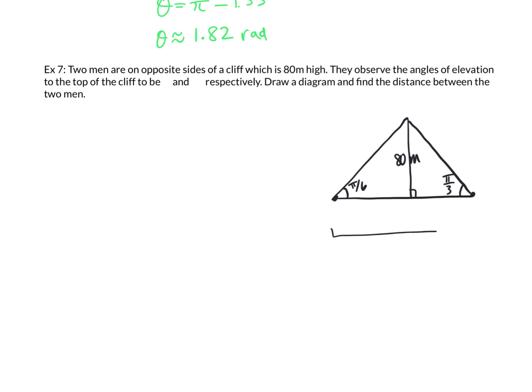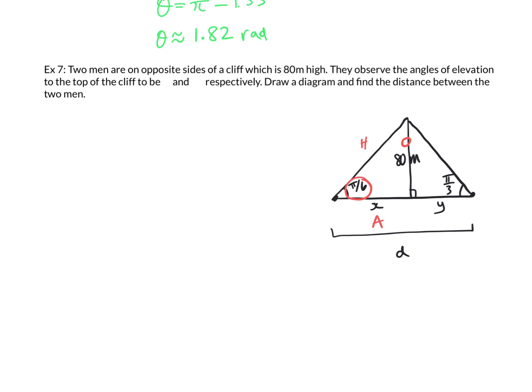So our end goal is this, but I have two separate right triangles, so I need to solve for this space and this space individually. When I'm solving for x, I'm going to use pi over 6 as my reference, which means 80 meters is opposite, x is adjacent, and this useless side is hypotenuse.